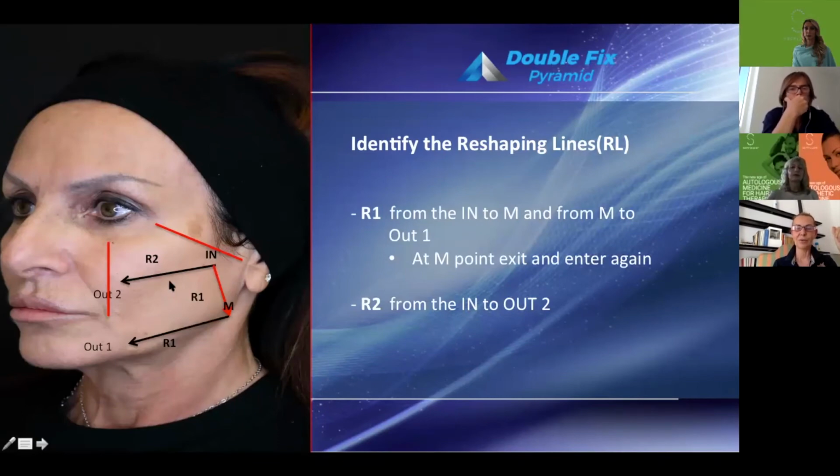In this case, when you use the U technique, the entry point goes from in to hem, and from hem to out 1, and from in to out 2. This is the area where you have to tighten if you want to tighten the jowl and correct the nasolabial fold. Every time, stay inside the reshaping line.